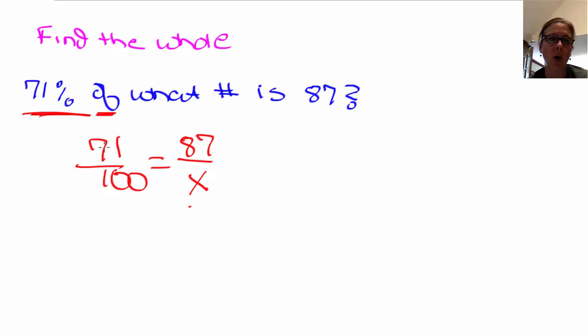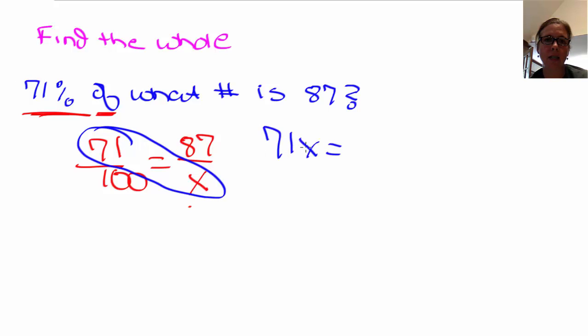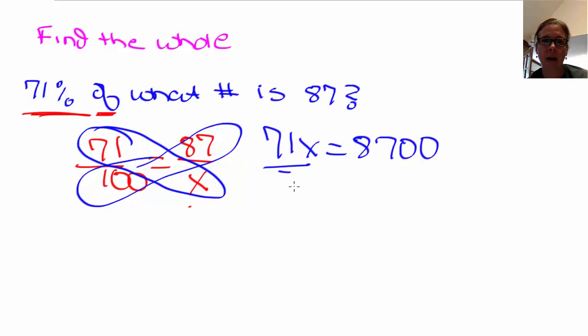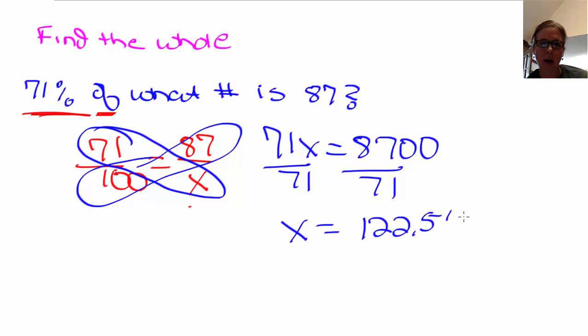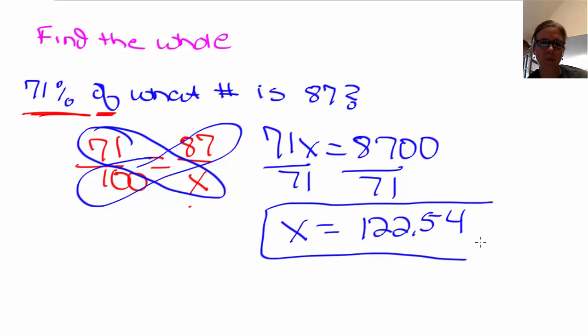So 87 is the part. Okay, so we're going to cross multiply: 71x equals 87 times 100, which is just 8,700. Divide by 71. And again, yes, I know there's different ways to solve this, but right now you have to do it in proportions. Okay, so 122, and you can round 0.54. Okay, so 8,700 divided by that.